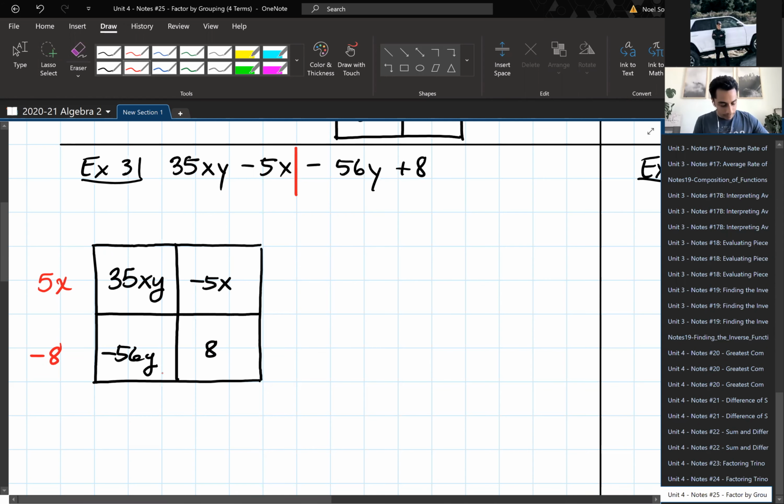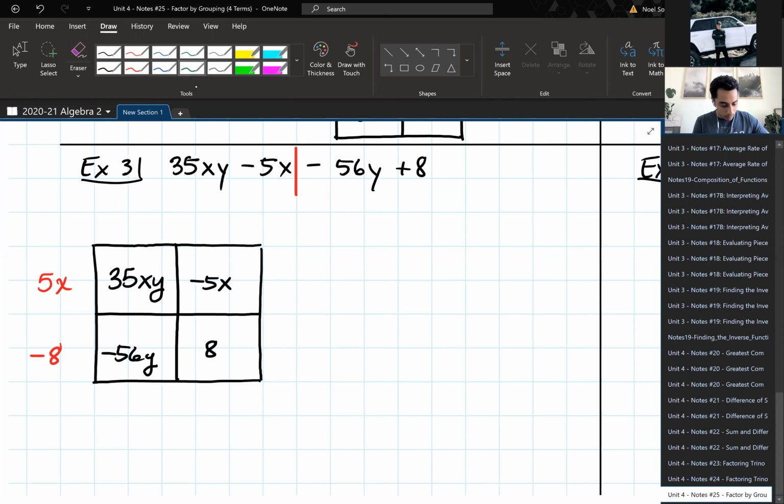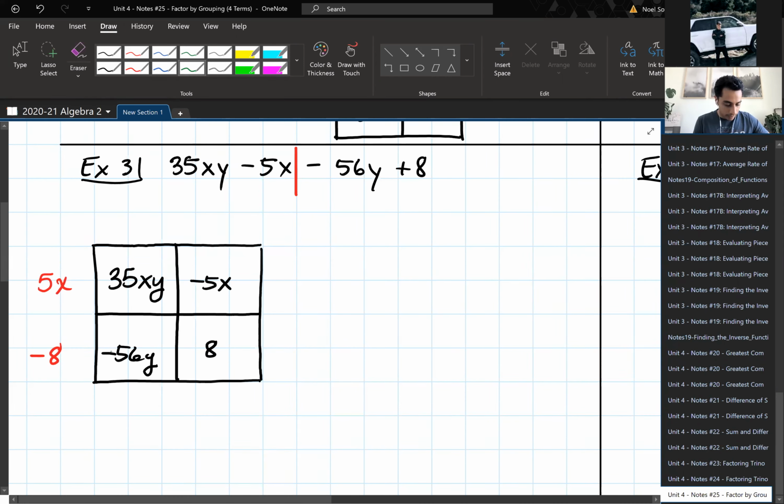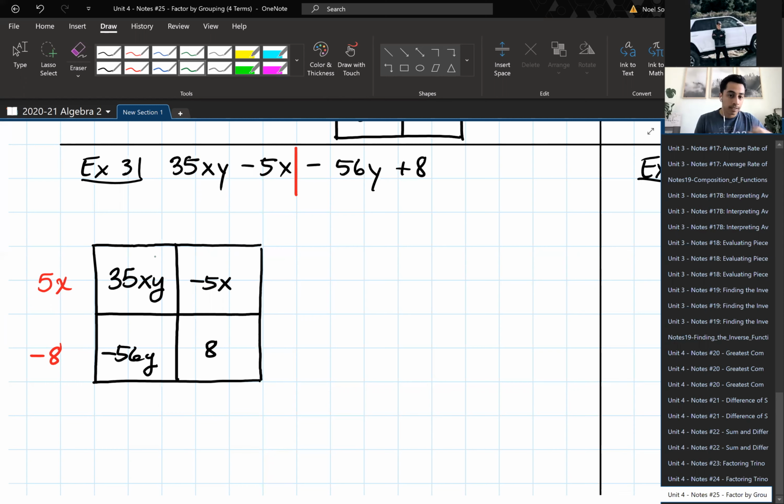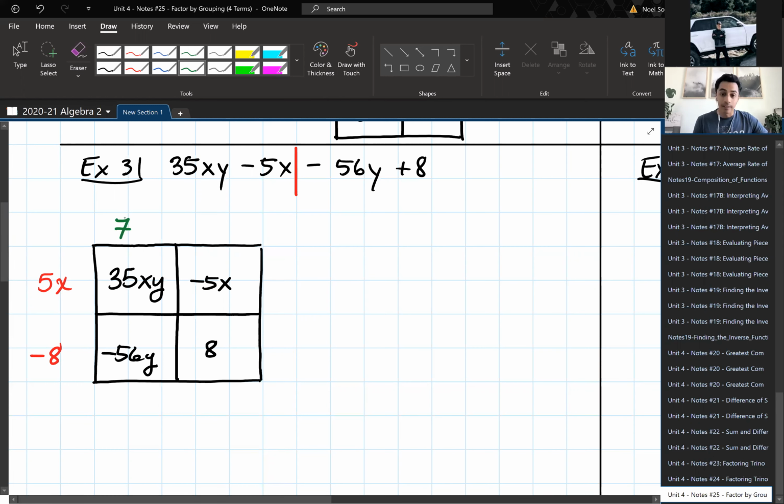All right, let's take a look at column number 1 here. 35xy and negative 56y. What can they both be divided by? Yes, 7, right? In this case, that leading term is 35xy, so I don't need to factor out a negative. Okay, what else do they have in common? Yeah, the y, right? The variable too. Good. And then lastly, negative 5x and 8.